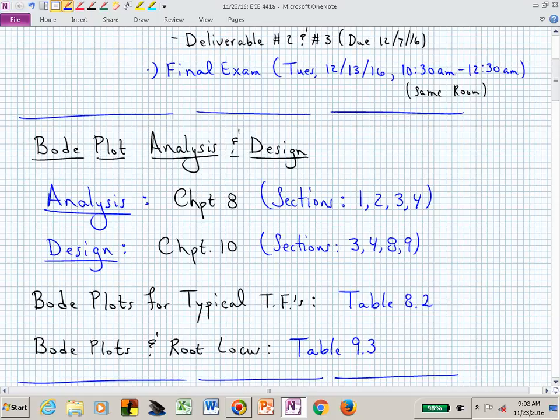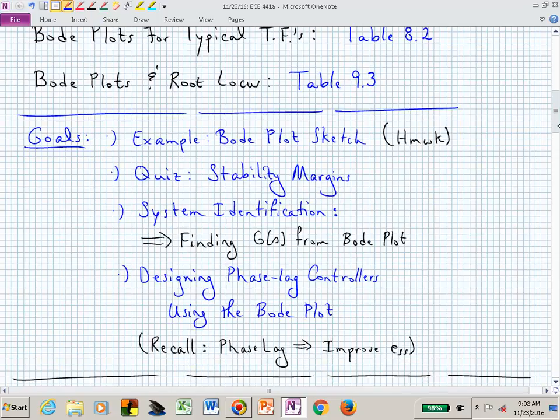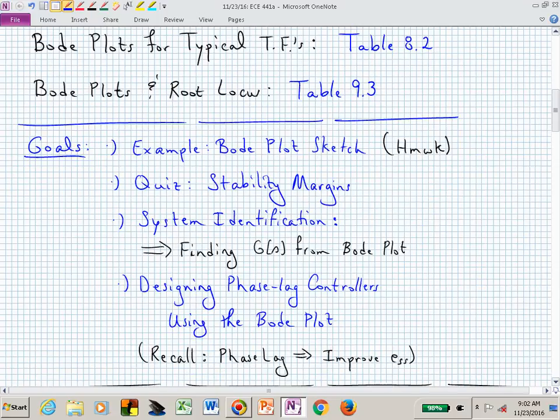You can also look at some representative Bode plots in the different tables, Table 2 in Chapter 8 and Table 3 in Chapter 9. I hope you all did your homework for today, which was to sketch that Bode plot that we left class with last time.